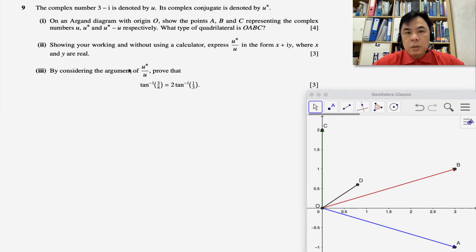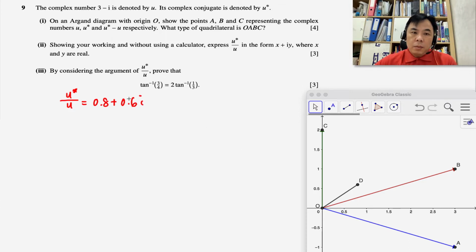By considering the argument of this ratio, we have already obtained the ratio for this complex number, which is u star over u, and that is 0.8 plus 0.6i.